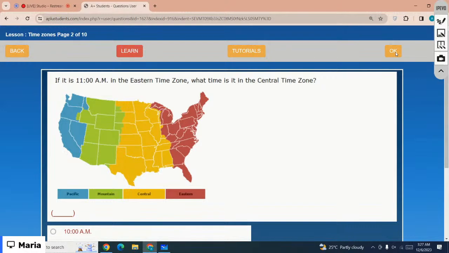Okay, if there is 11 a.m. in the Eastern zone, what time is it in the Central zone? Which is the correct option?